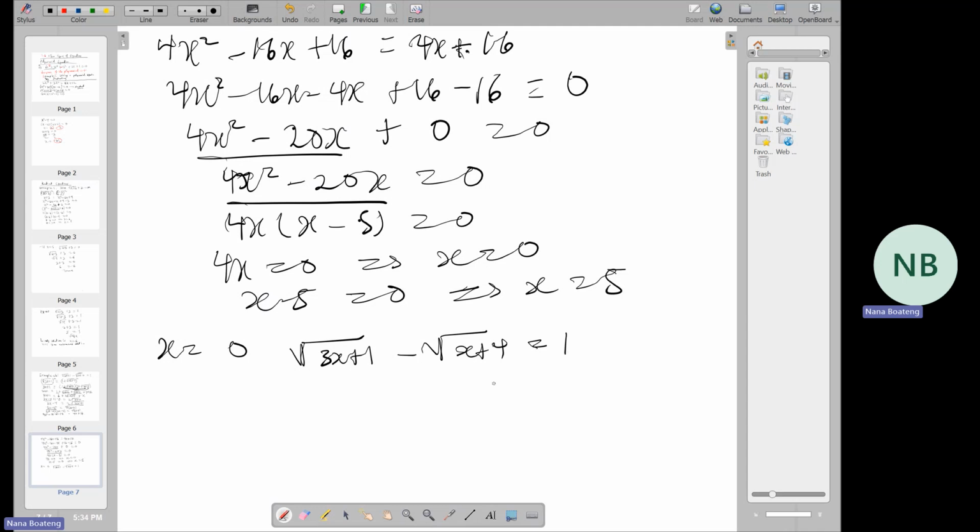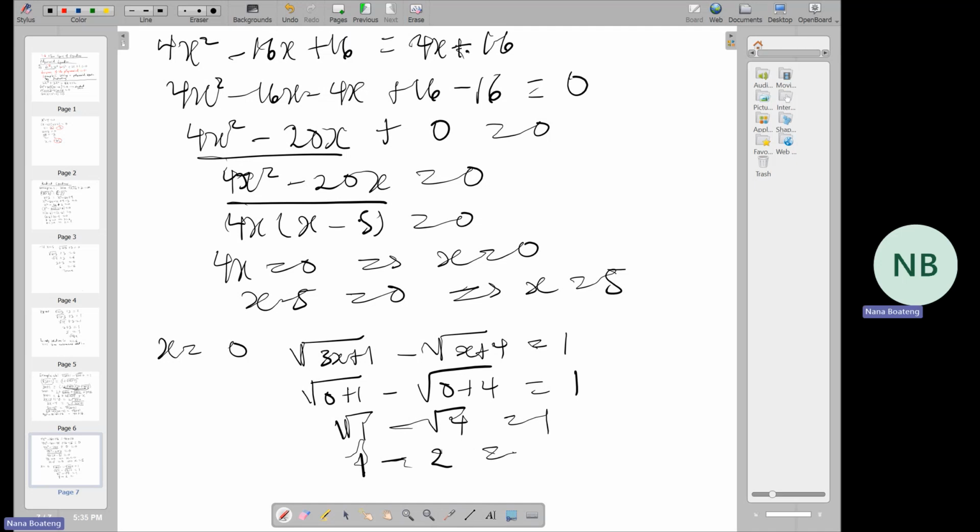If x is equal to 0, then we have square root of 3 times 0 plus 1 minus the square root of 0 plus 4 is equal to 1. So this is square root of 1 minus square root of 4. Square root of 1 is 1, minus the square root of 4, which is 2.